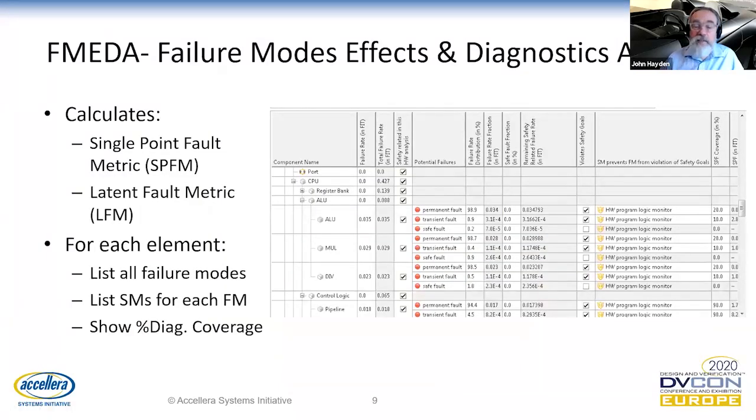And here I'll just briefly show some screenshots of some of these analyses, such as an FMEDA, where a system is broken down into its component elements. Their failure modes and failure rates are enumerated, where the failure rates in per unit hour are calculated from the mission profile and maybe the silicon area involved. And then they're evaluated to see which of these could lead to a violation of a safety goal.